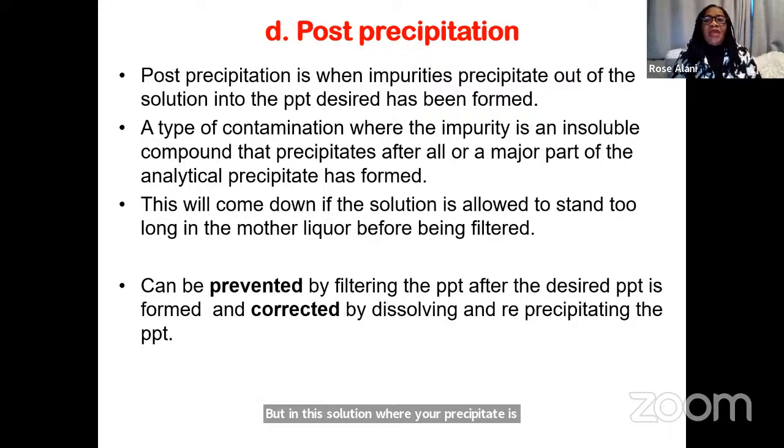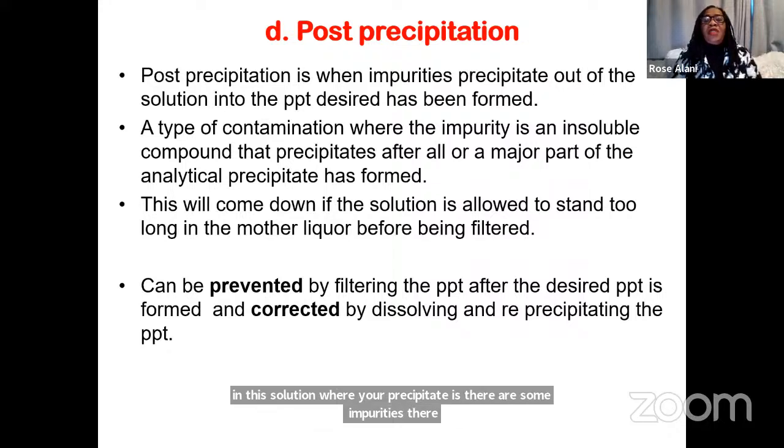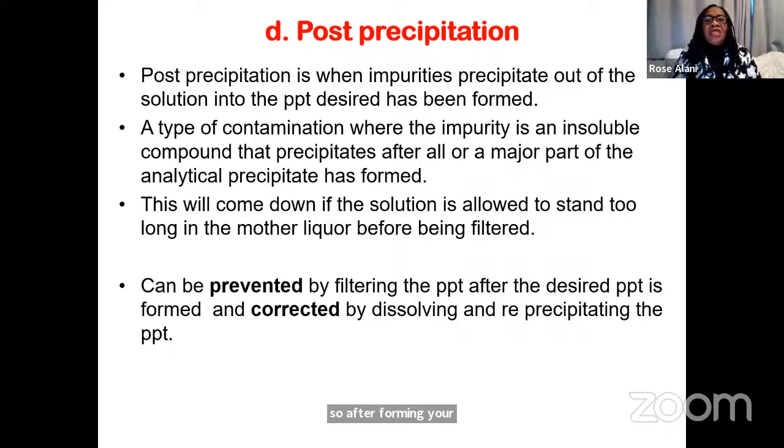After forming your precipitate, those impurities now form on top of the precipitate. This can be prevented by filtering the precipitate after the desired precipitate is formed, and corrected by dissolving and reprecipitating the precipitate.